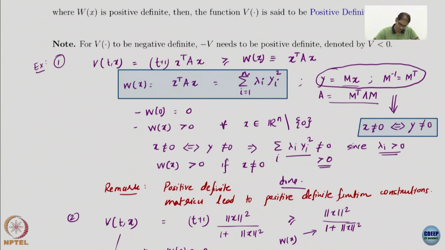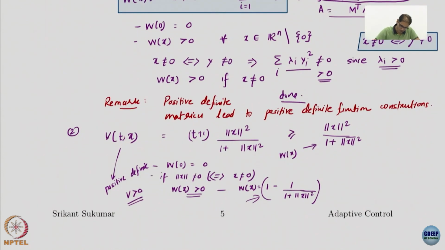Alright, excellent. What about this guy? This is this function. Earlier we tried to verify that everything is a class K function and all that, but I know now that this is greater than or equal to this guy, and I know that this is 0 at 0, and for all non-zero values of the state, that is if norm x is non-zero, this is positive.